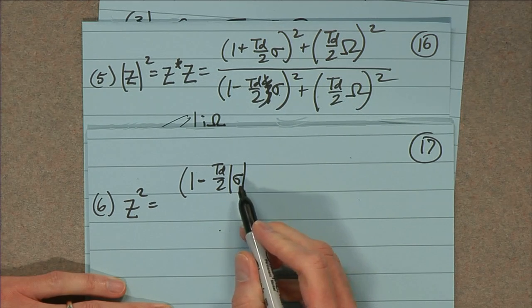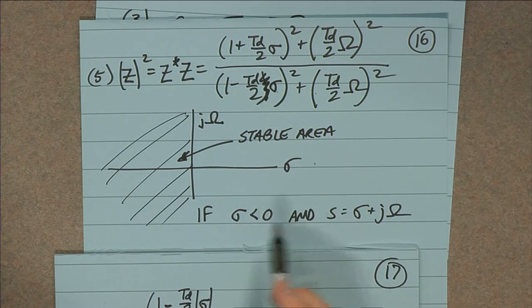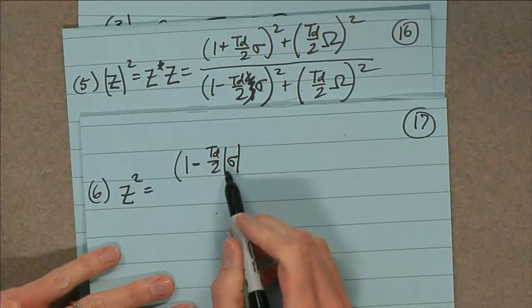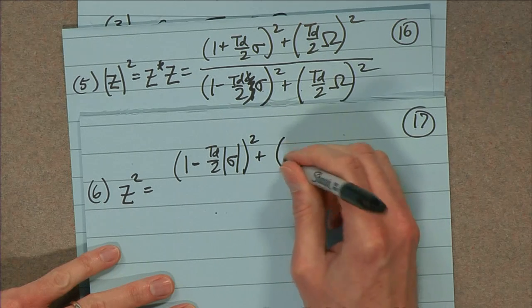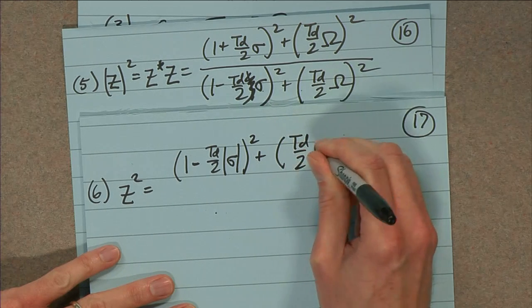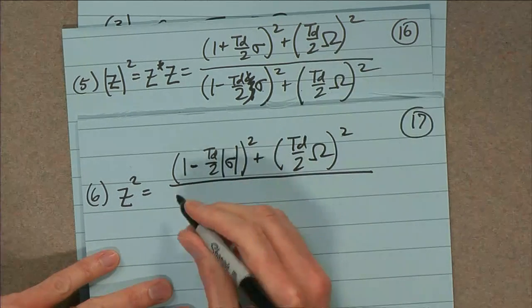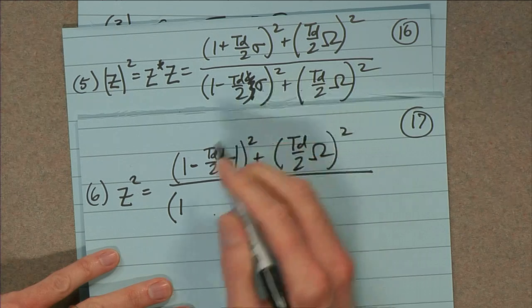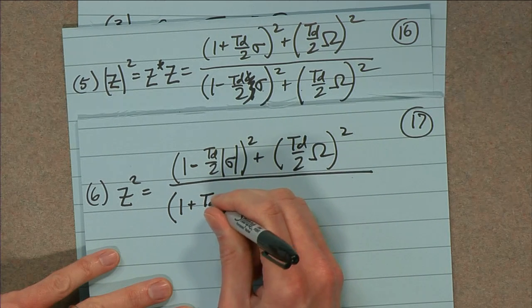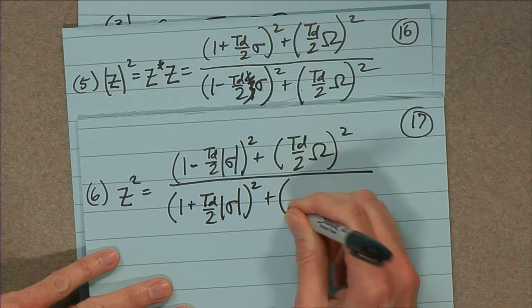Since this is always negative, this is our definition, it's always less than 0, I can always make it the magnitude and put a minus sign there. That's for the purposes of analysis, which you'll see in just a second. If I do the same thing down here, I've got 1, that's always negative, so it's going to be plus TD over 2, magnitude of sigma, quantity squared.